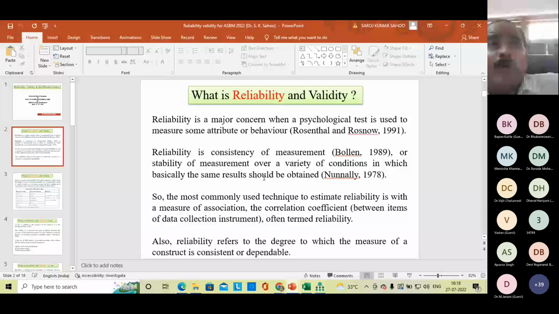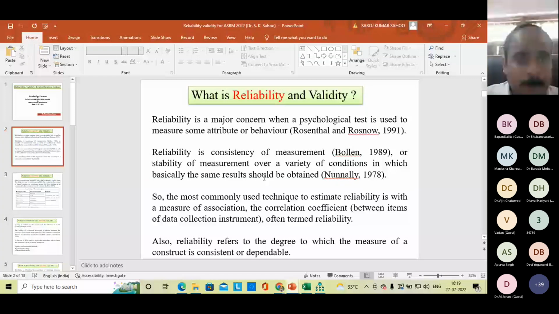One way of reliability is internal consistency. We have already discussed that internal consistency means how far the indicators under a particular construct show similar relationships among themselves, a strong bonding among themselves.